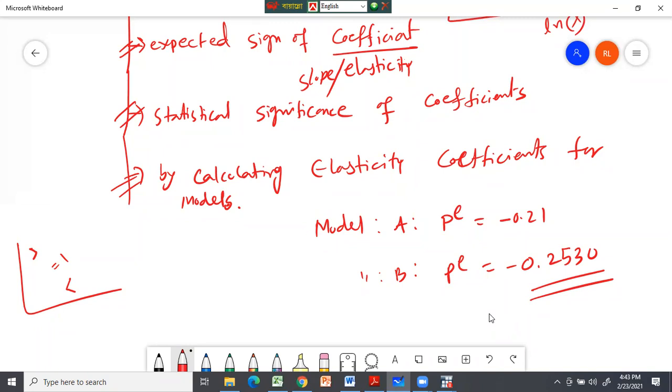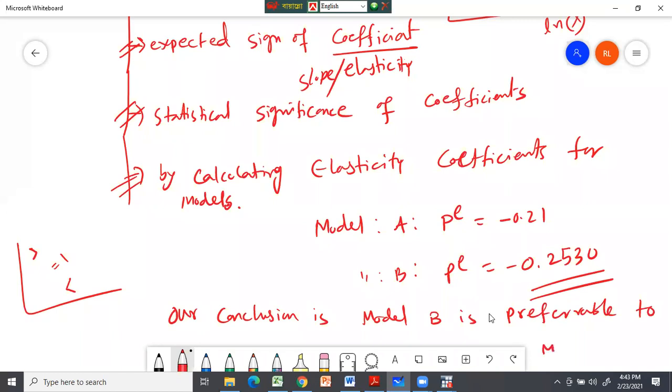If we just ignore the minus sign here, the elasticity coefficient for model B is higher than that of model A. So in that case, our conclusion is model B is preferable to model A.